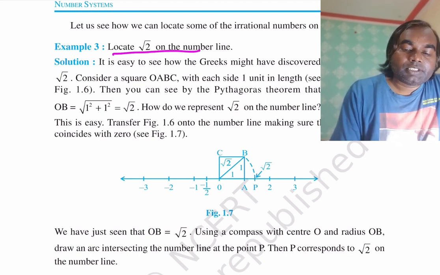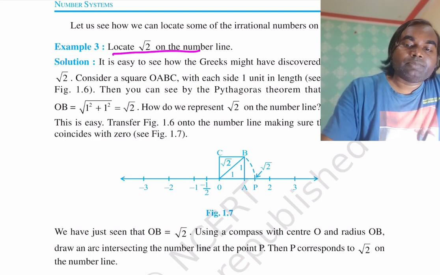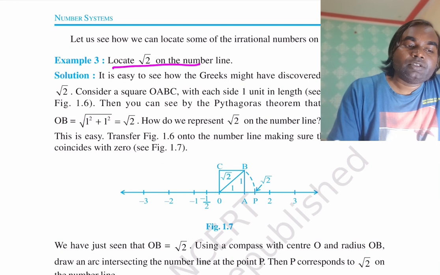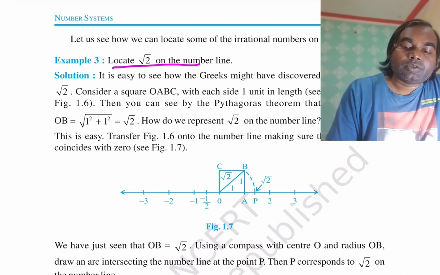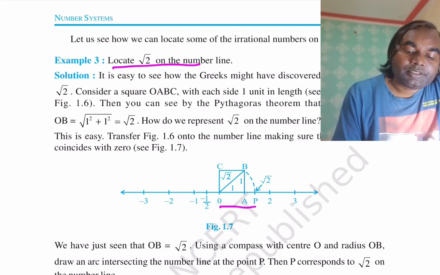We take this as 1 unit and this as 1 unit, and then by using the Pythagoras theorem, this diagonal will be square root 2, but we want to represent this OB on the real number line.